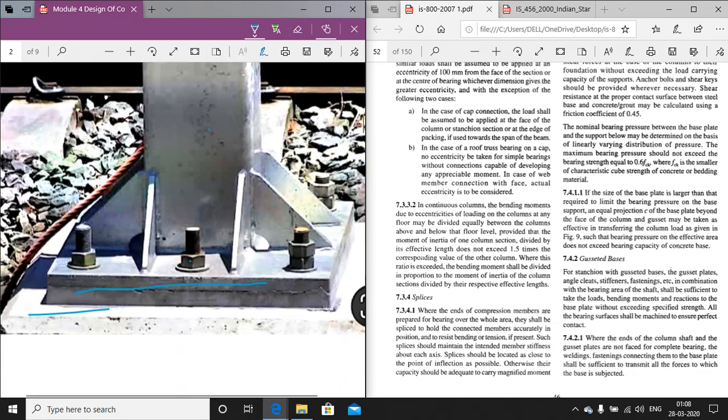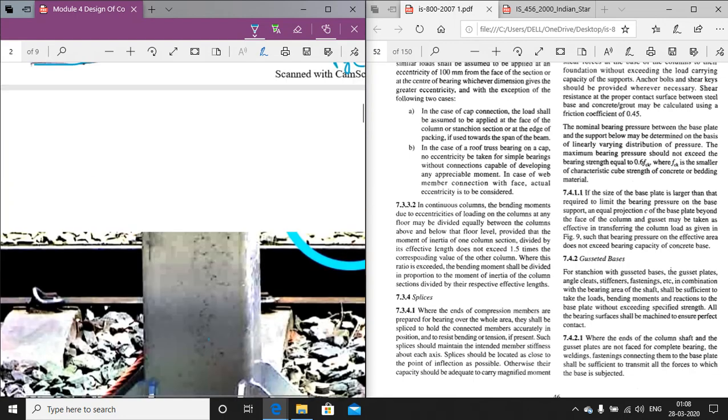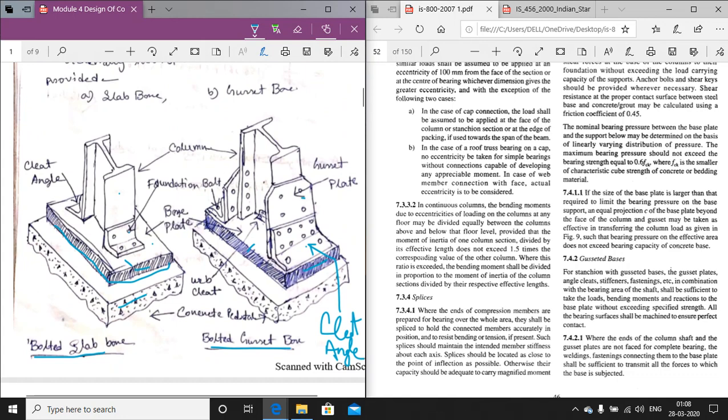Now coming to the second. Not only bolted, welded plates are also provided. What is the difference of the welded plate with the normal bolted plate? There will be no bolted connection. If there is no bolted connection, the plate is welded like this, the column is welded to the base plate like this.